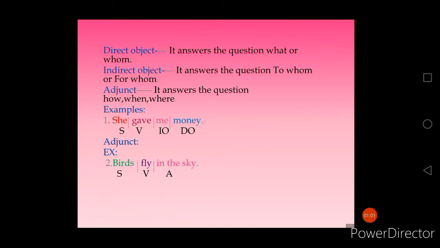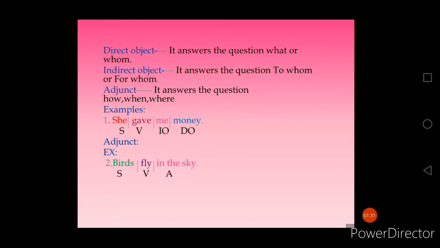Okay, see the examples. First example, she gave me money. Here about whom are we talking in the sentence? Yes, about she. She is a pronoun, it refers to a girl, right? So about a girl we are talking in this sentence, that is only represented as she here. So she is the subject.